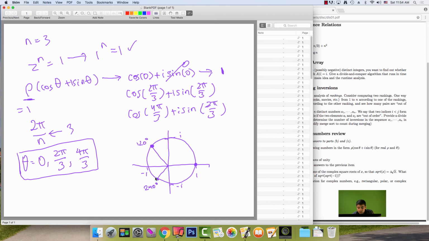So it's kind of cool to notice that these two roots of unity, the 120 degree angle and the 240 degree angle one, they kind of form a pair, in the sense that their imaginary coordinates are equivalent but opposite.